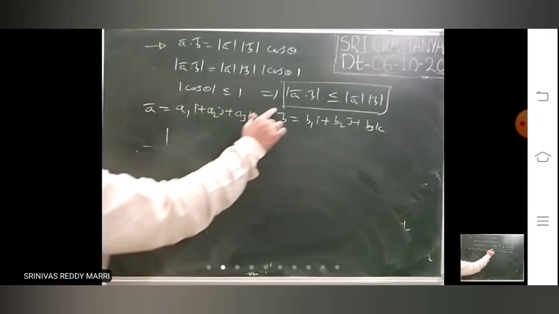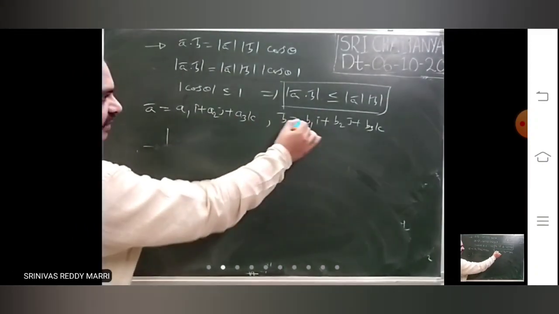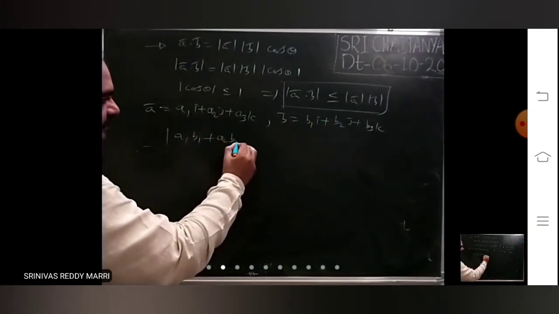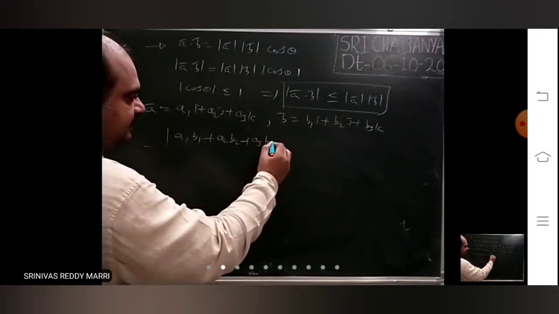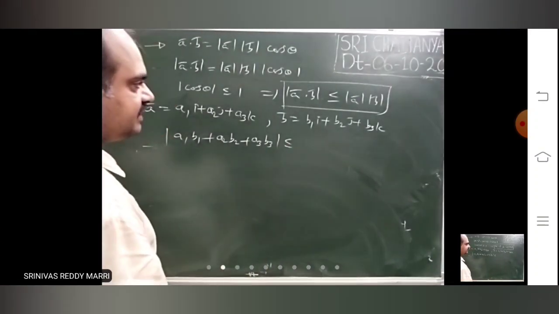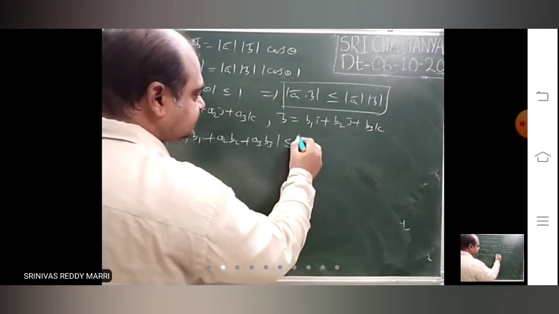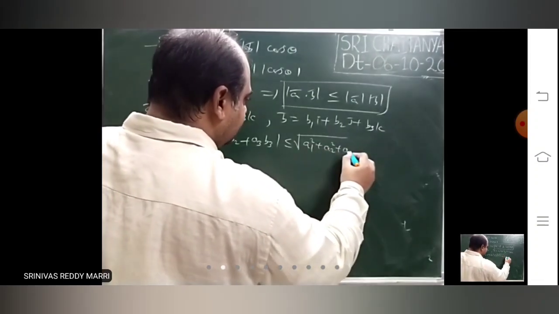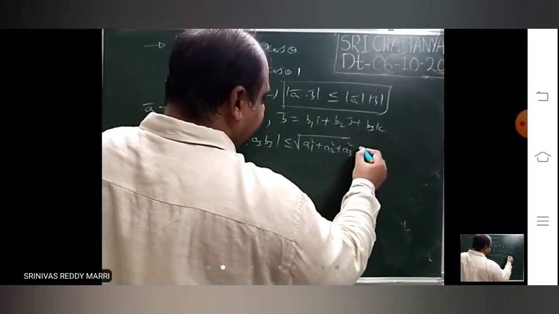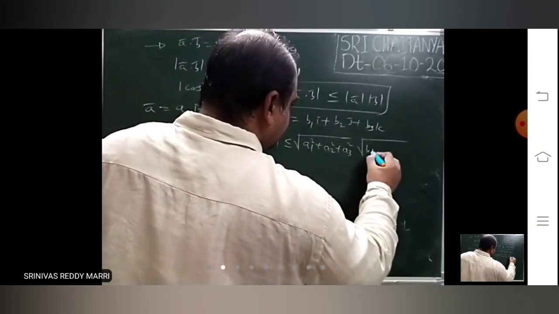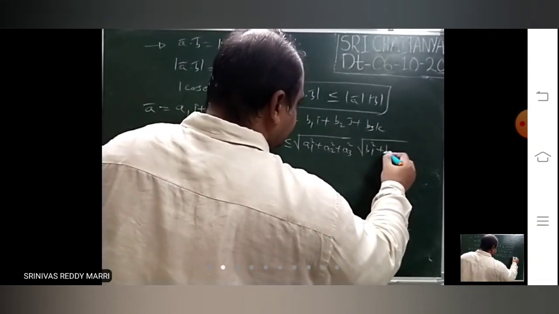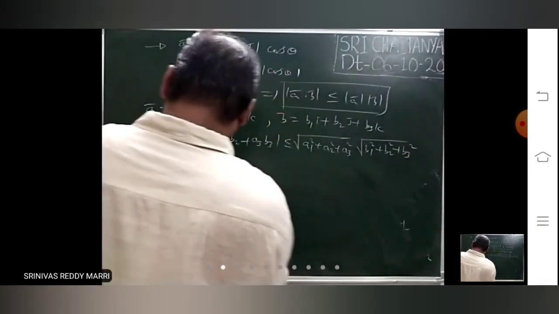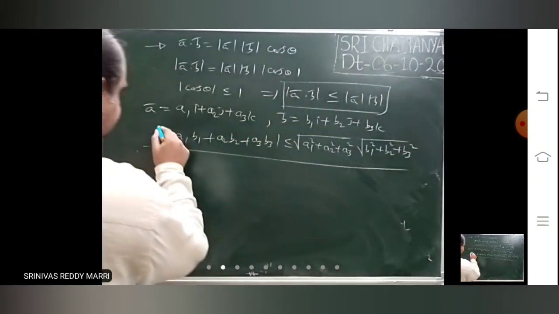So that means modulus of A dot B, that means A1 B1 plus A2 B2 plus A3 B3, is less than or equal to root of A1 square plus A2 square plus A3 square into root of B1 square plus B2 square plus B3 square. Like this you will get the inequality.